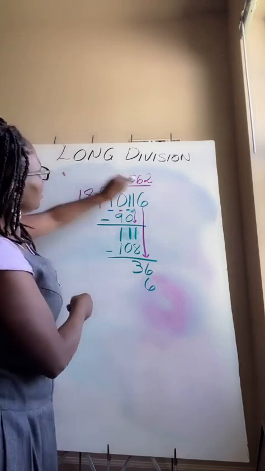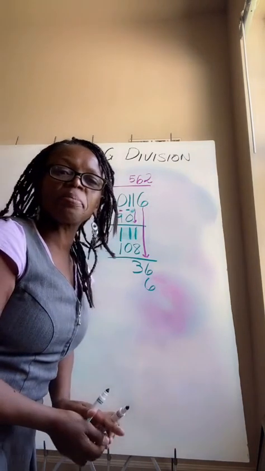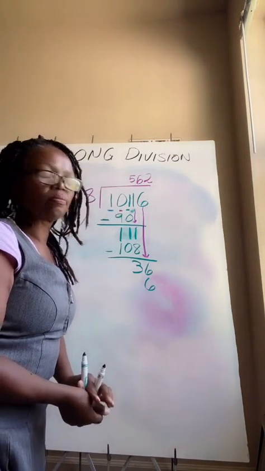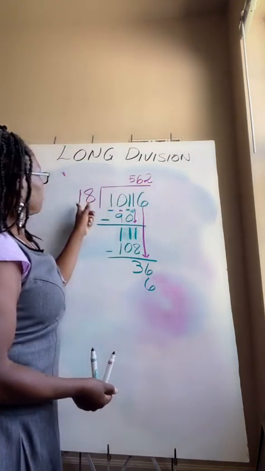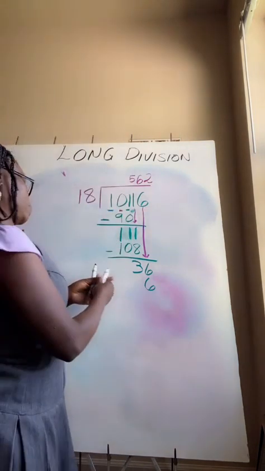What's 2 times 1 plus the 1 in the bank? That's 3.